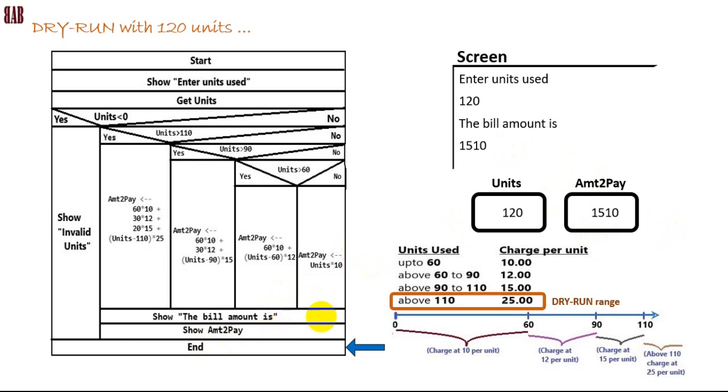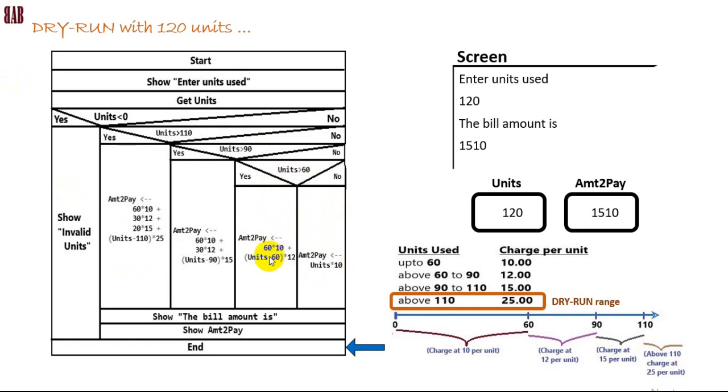So you saw, depending on the value you put, it will either go through this side, this side, or this side. Okay? And when you come here, we are just taking the units and multiplying by 10, because we know you come to this side only if the units are up to 60. This side, when you come here, we know the units are greater than 60.